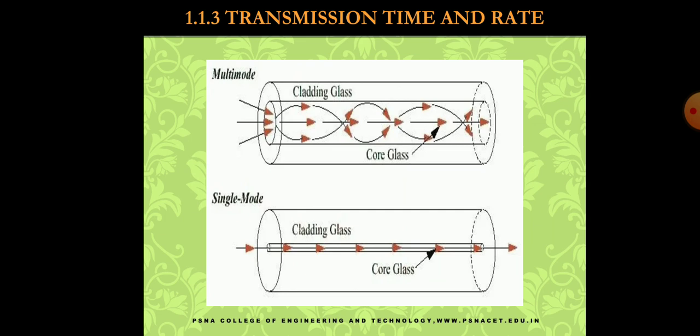It is related to the wavelength and light source. Due to the large core size of multi-mode fibers, low-cost light sources like LEDs, that is light emitting diodes, and VCSELs, that is vertical cavity surface emitting lasers, working at 850 nanometer and 1300 nanometer wavelengths, are used in multi-mode fiber cables.